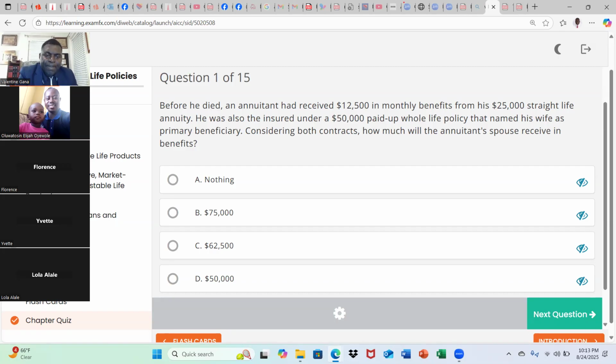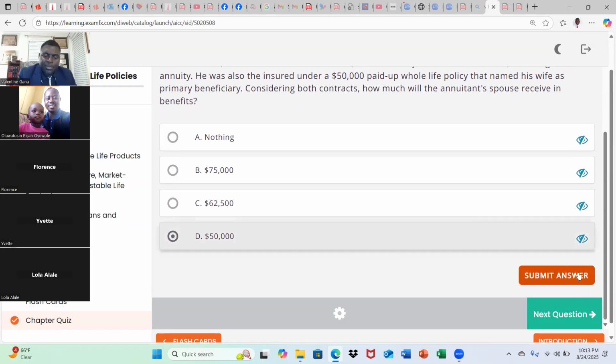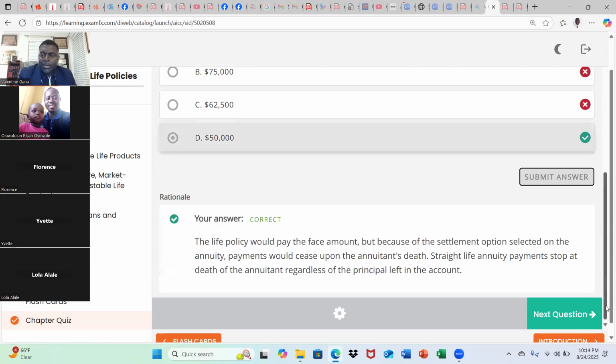When he dies, the straight life annuity will stop, so they will not pay the spouse anything after. Excellent. Very true. The only thing the beneficiary is entitled to is the $50,000. And that's correct.